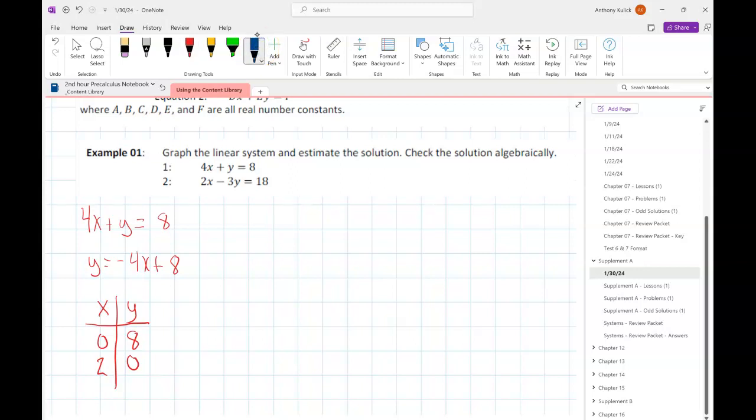Everybody feel okay so far? This is like Algebra 1 algebra we're doing right now. For equation 2, I'm going to start by doing the same thing. I'm going to subtract 2x from both sides, and then divide by -3.